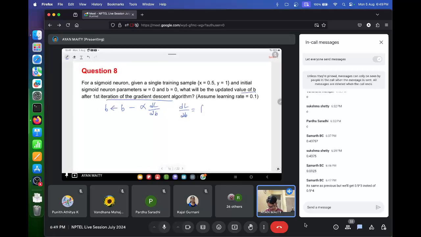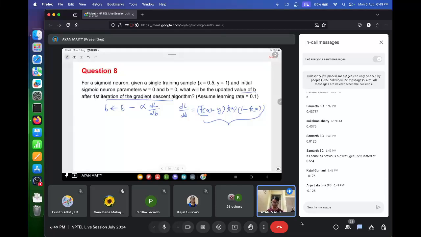So it will be (f(x) minus y) into f(x) into (1 minus f(x)). There was one extra x term in case of w. This x term will not be there, so there will be only 3 factors: f(x) minus y, f(x), 1 minus f(x). So this is the derivative of L with respect to b.